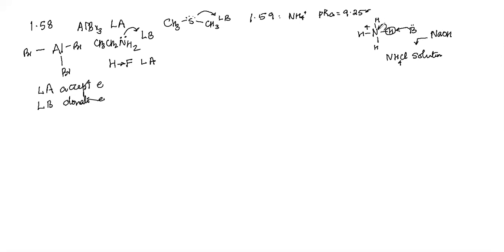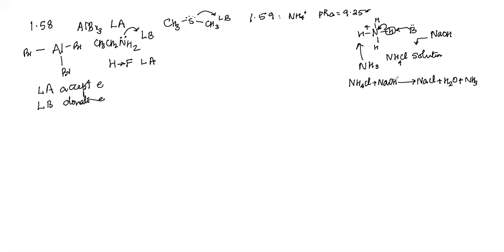By this movement, what will happen? Ammonia will be coming out. So only above the pH 9.25, the ammonia gas will come out. Or in other words, NH4Cl plus NaOH will give NaCl plus H2O plus NH3.